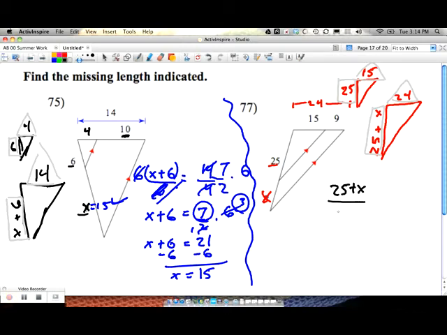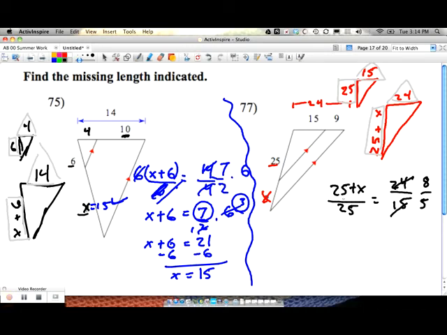We got 25 plus x. That's going to go with the 25. Now on the other side, we got 24 for the big one, the top one, and then 15 for the smaller one down here. Can I simplify? You betcha. 24 and 15 both divisible by 3. Top is going to be 8. Bottom is going to be 5.